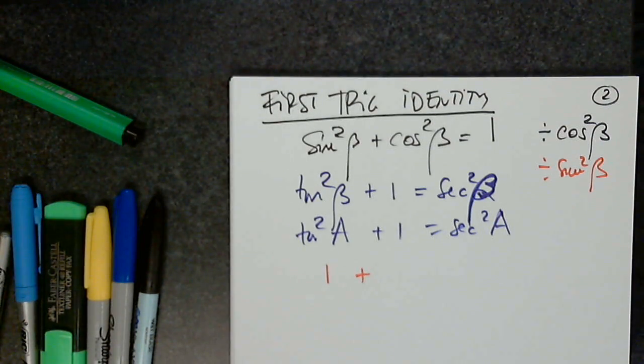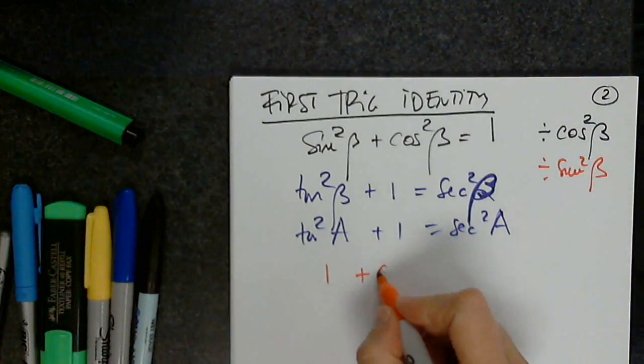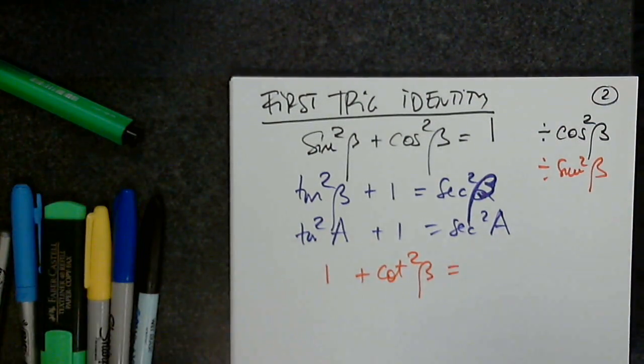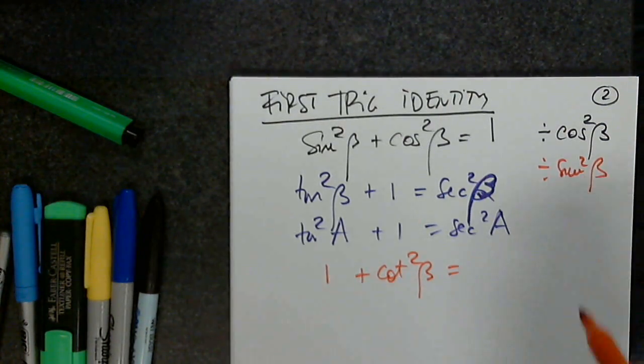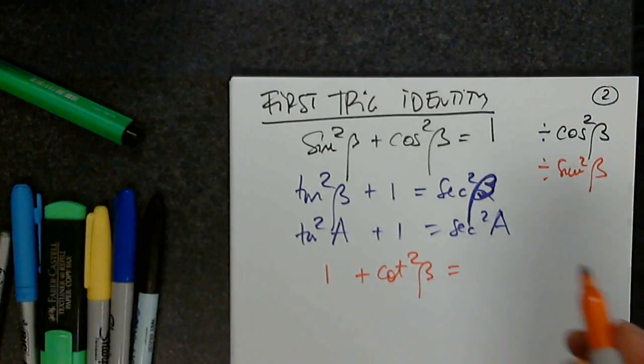Sine over cosine is tangent. Cosine over sine is cotangent. Squared beta equals 1 divided by sine squared, which is 1 over something that starts with s. If it starts with s in the denominator, cosecant.